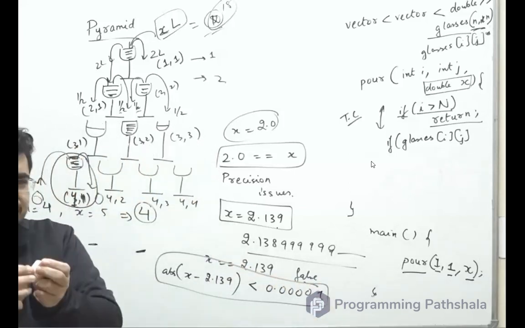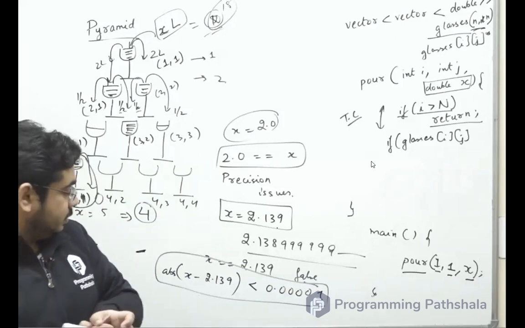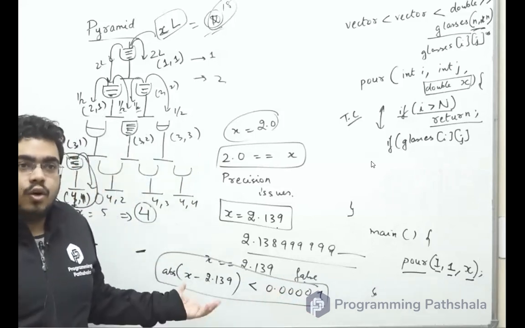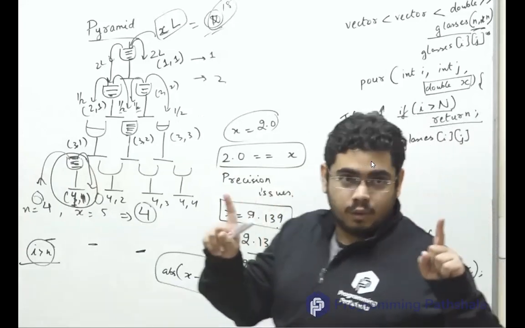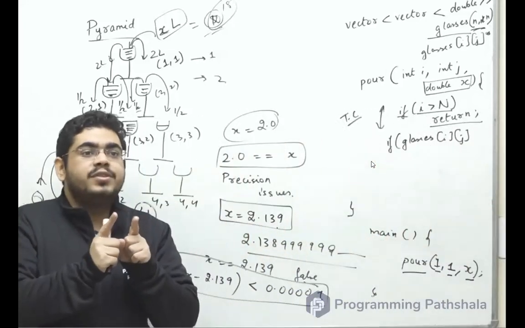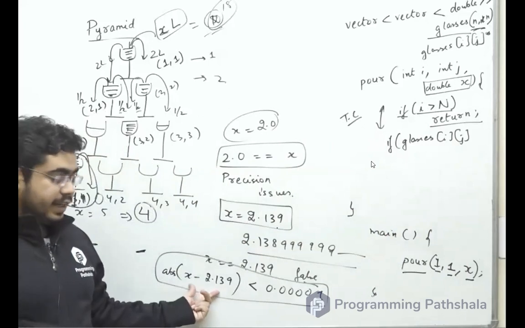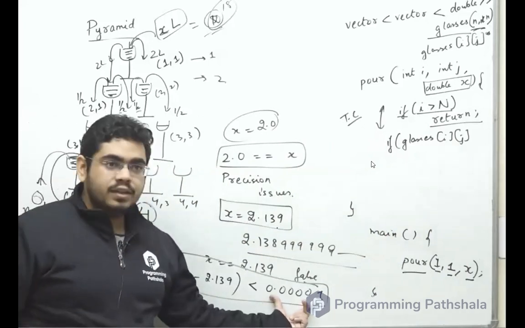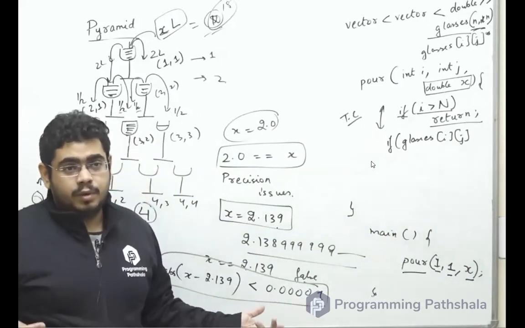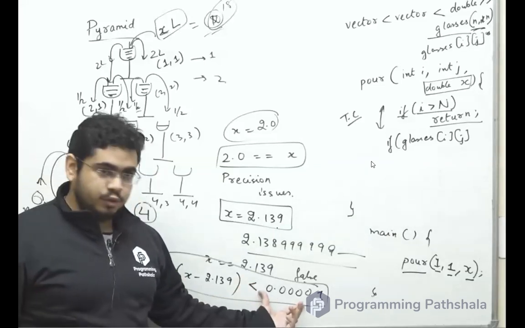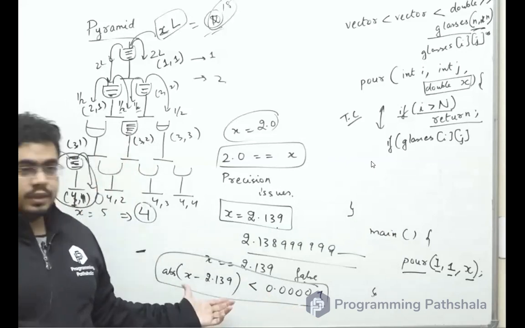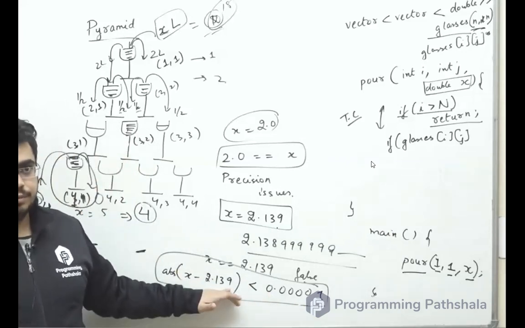If that difference is very less, then you can say they are almost equal. So you check the absolute difference of the two floats you want to compare, and if that difference is significantly small, 10 to the power minus 10, 10 to the power minus 5, 10 to the power minus 7, whatever parameter you want to take, then you say that they are equal actually.